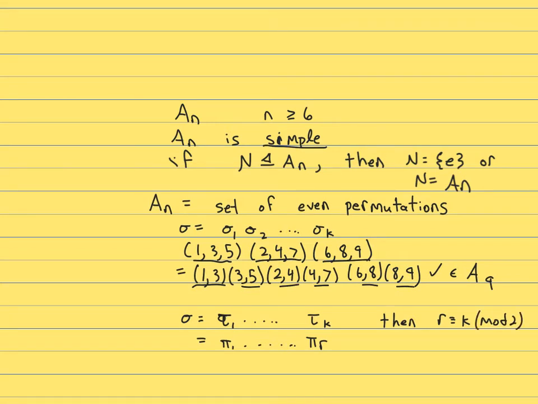And so there is a nice subgroup consisting of the even permutations, where you have an even number of transpositions, and that's defined to be A_n.